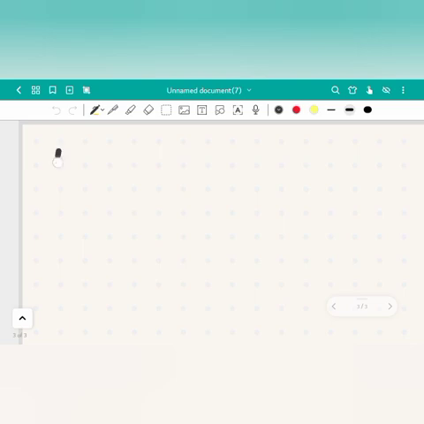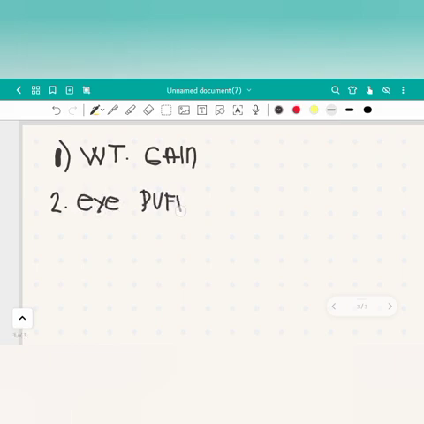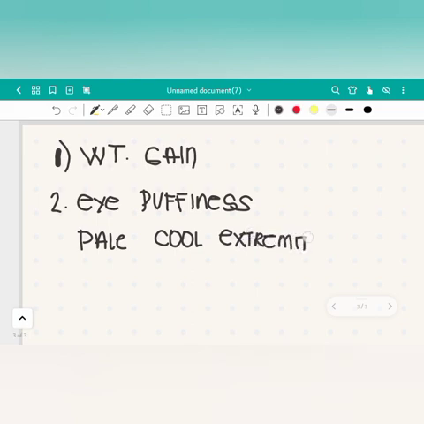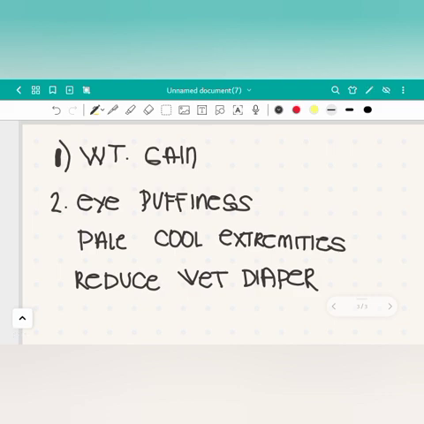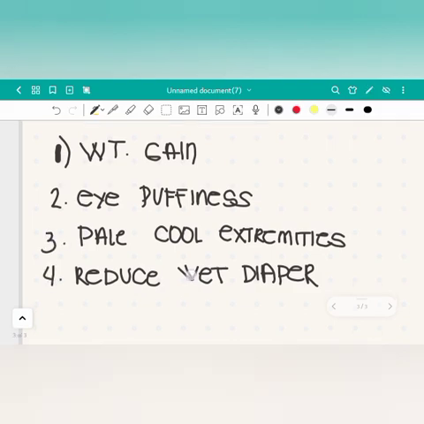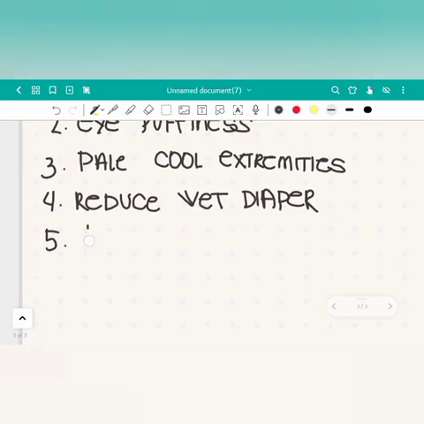First, if the patient develops weight gain. Second, eye puffiness, pale cool extremities, reduced wet diapers, and if there is a decrease in feeding or poor feeding.